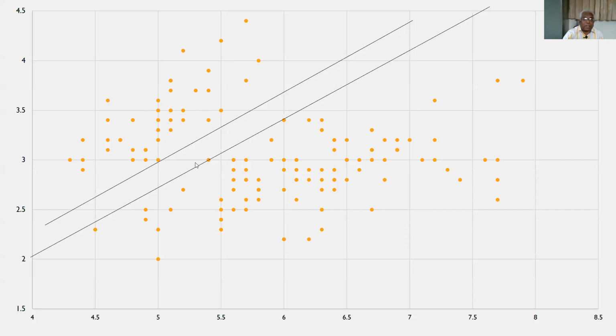If you see the other separator the other way around, you will find that objects from this part are quite away from the separator, but objects on this side are much closer to this separator.